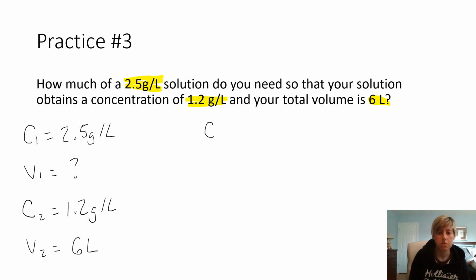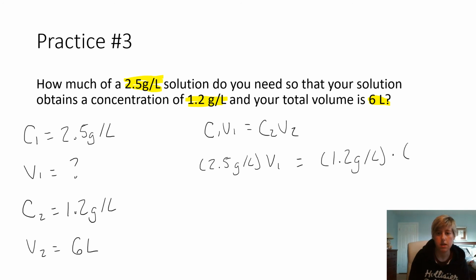So I'm still doing C1 V1 equals C2 V2. So I have 2.5 grams per liter times my unknown volume, V1, which is going to give me C2, which is 1.2 grams per liter, times V2, which is my 6 liters.